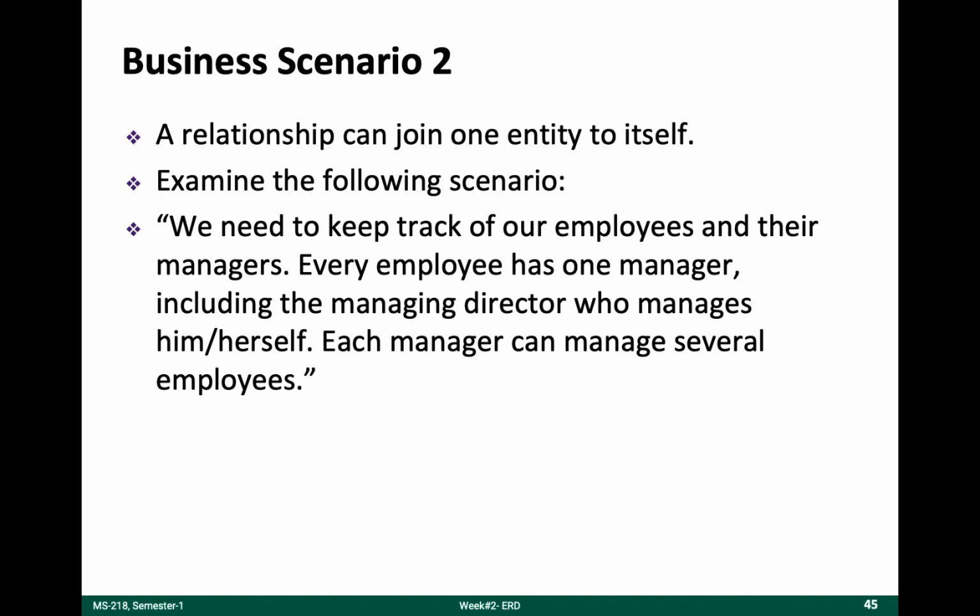If we have an HOD or dean or some other administrative people who are working with us, they are also employees of NUIG. So this sort of relationship is recursive. That entity can make a relationship with the same entity.